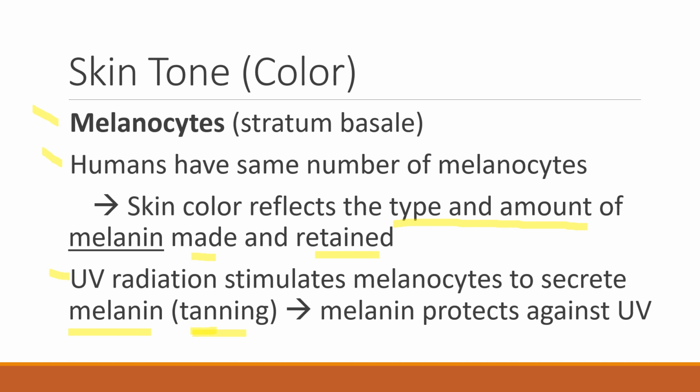You would tend to tan. Folks like me with fair skin and red hair, we don't tan, we burn. So some folks will tan, others won't. But the tanning process is temporary, right? That's what I mean by retained. You go out and get a tan, it lasts for a while, but then it starts to fade away.